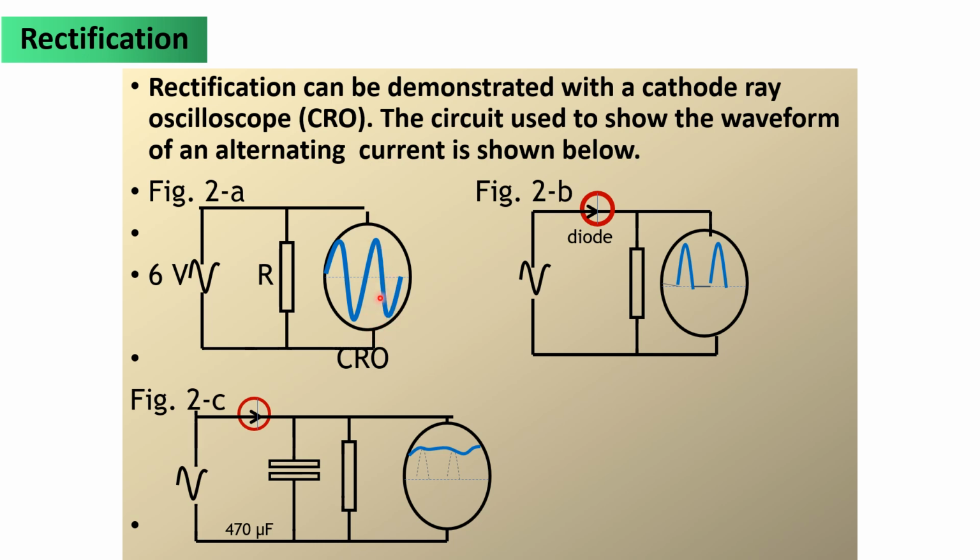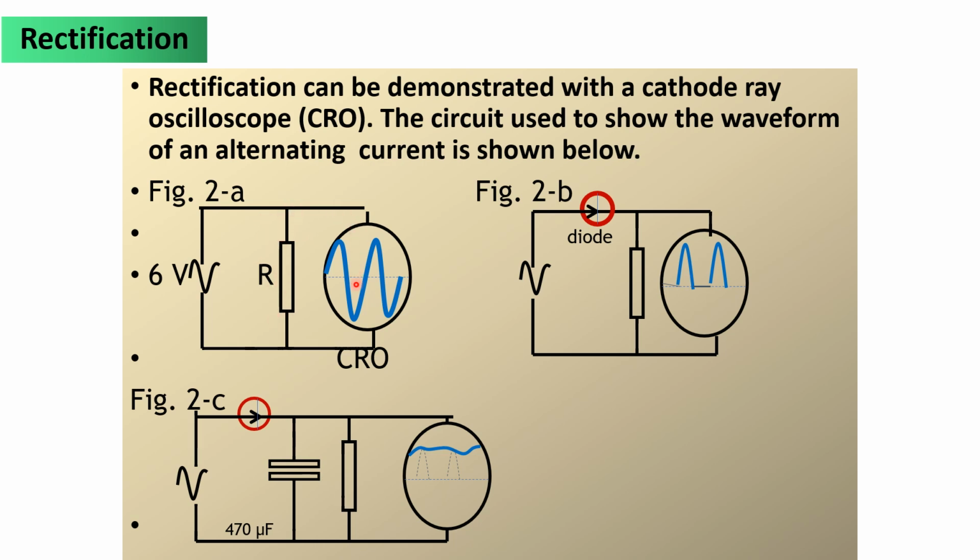So in figure 2A, we have an alternating current coming from a 6-volt power supply. The resistor is also connected across the voltage source and parallel to the CRO. This is for safety purposes.